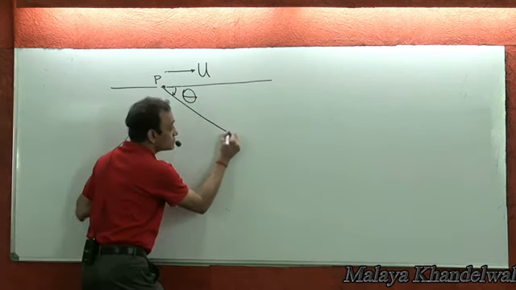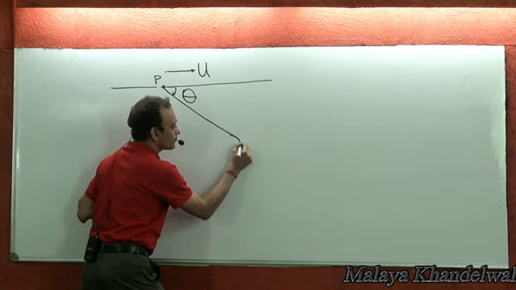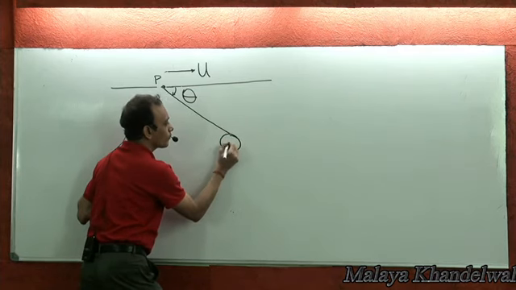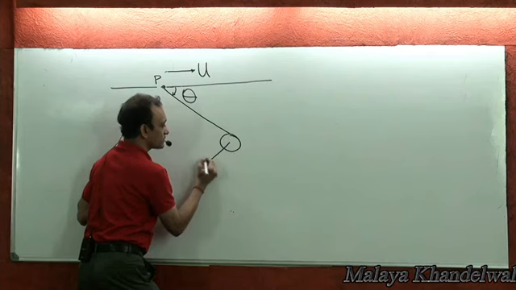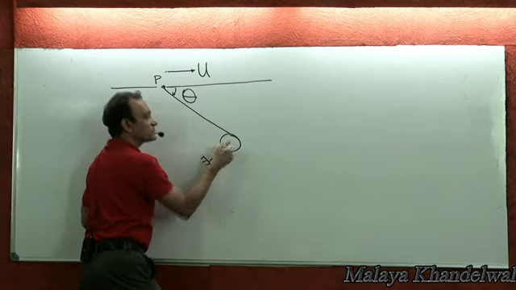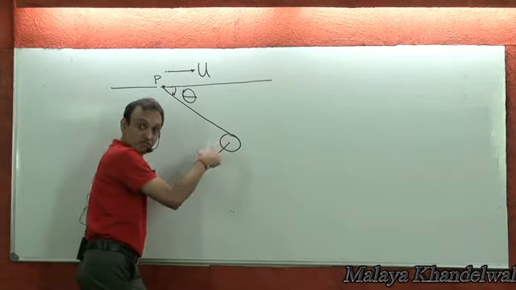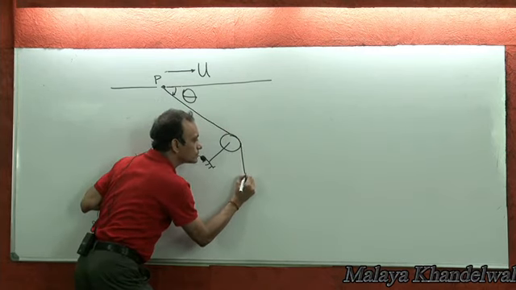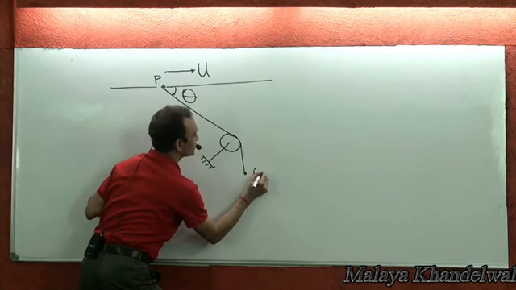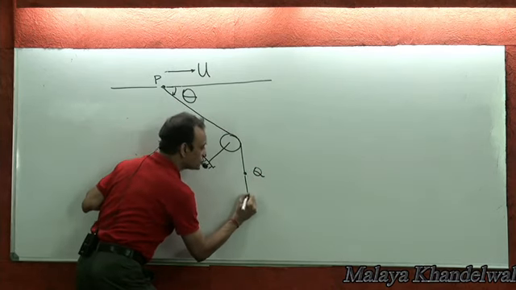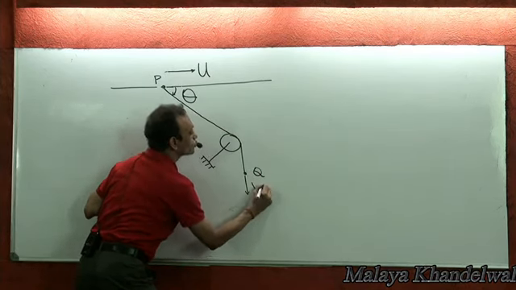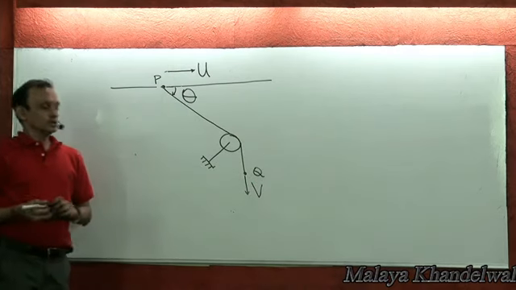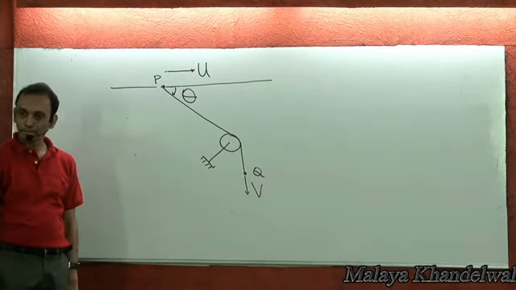And at this end, there is a pulley. This is a fixed pulley. And there is this end Q, and this end Q has a velocity v downwards.